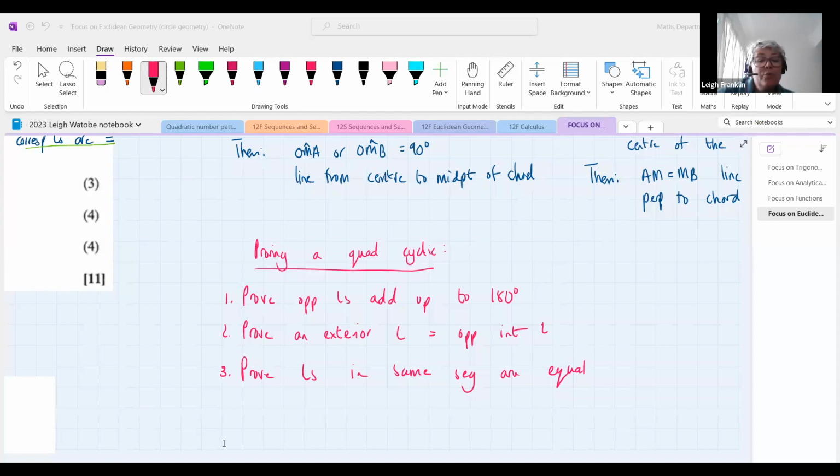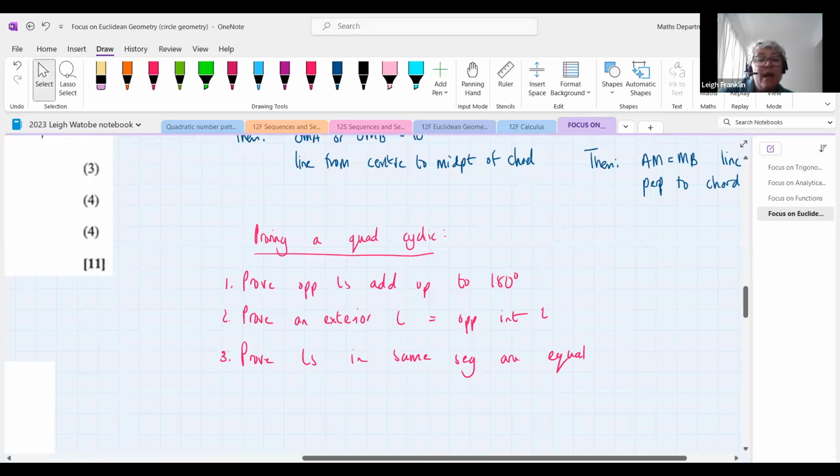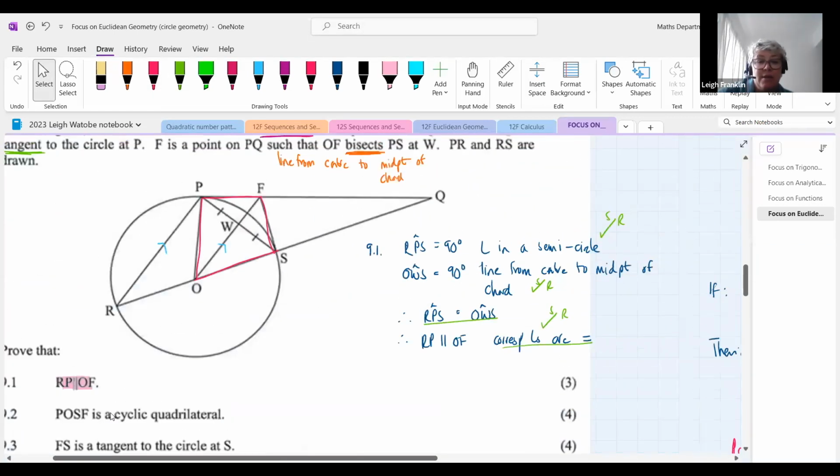We could only prove angles in the same segment if we have a bow tie inside, which we do in this case. All right, we do have a bow tie inside, so that could be an option. If we were to work with that first of all, is there anything that we already know that we could work with in this case? Are there any bits and pieces that are equal?